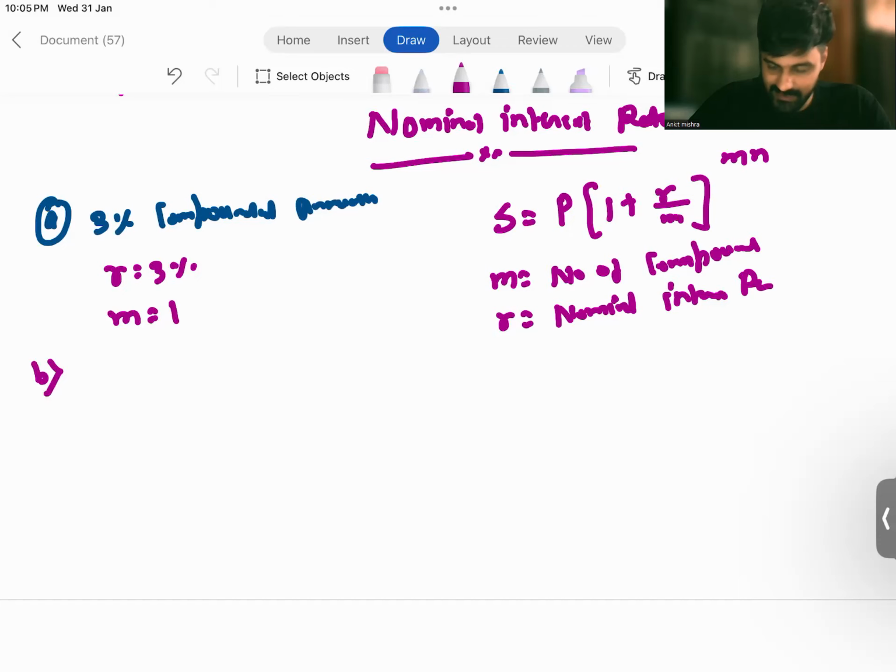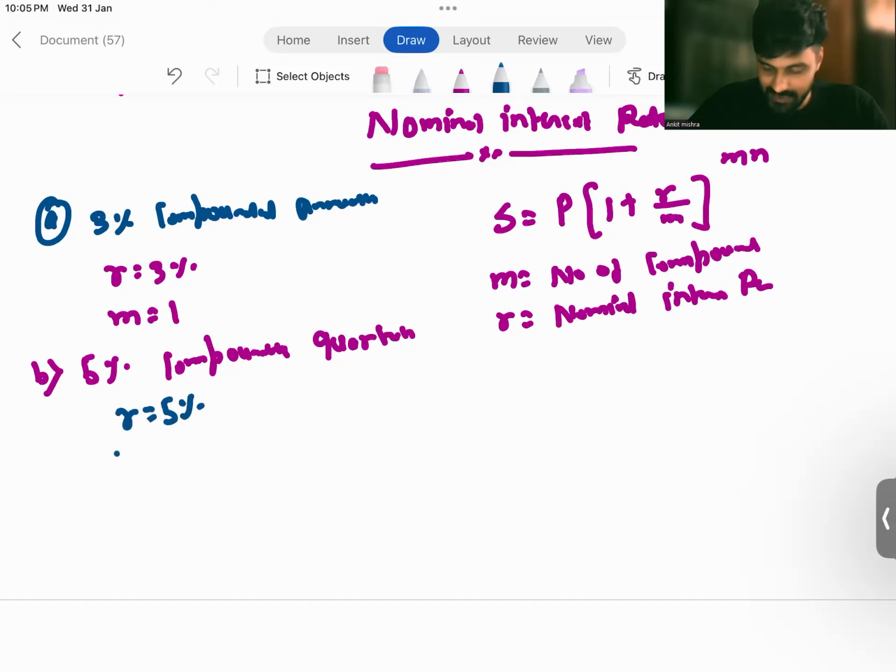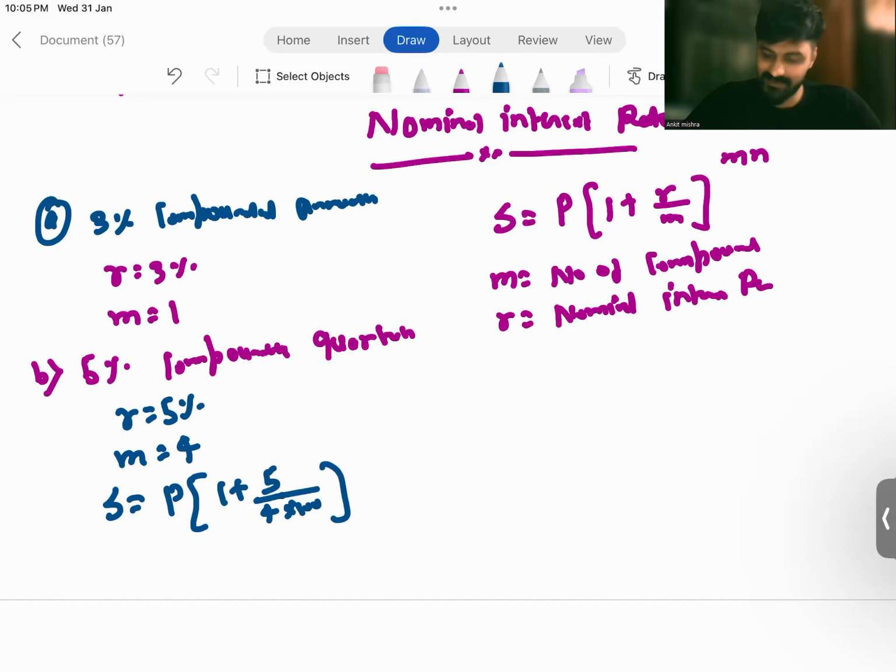Let's say second, b, is 5% compounded quarterly. What does it mean? That means R is 5% and M equals 4. If you want to calculate S, S equals P into (1 plus 5 divided by 4, and obviously 100) whole to the power, let's say N is equal to 1 year, so 4 into 1.